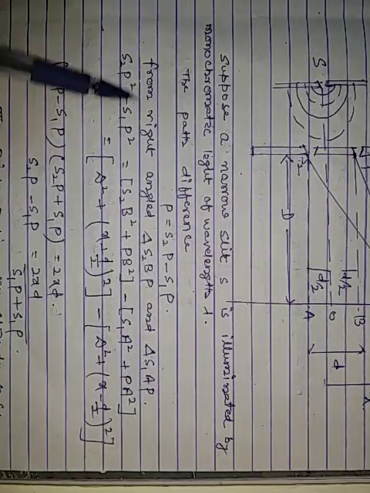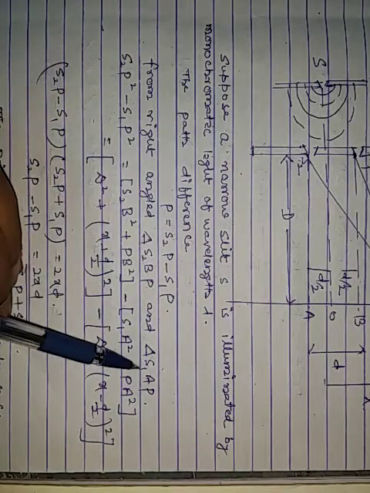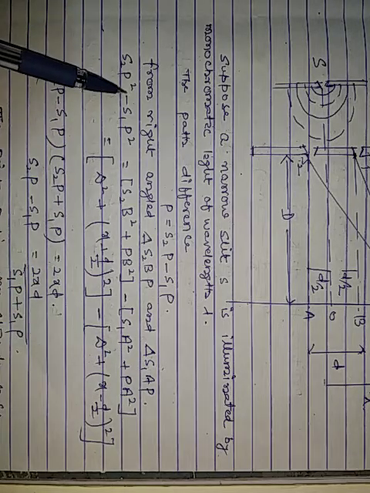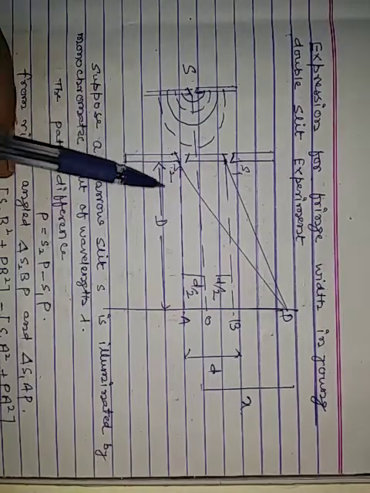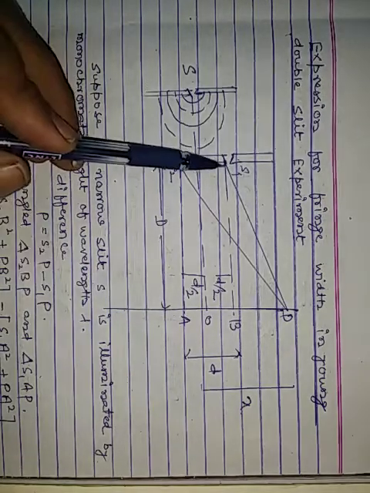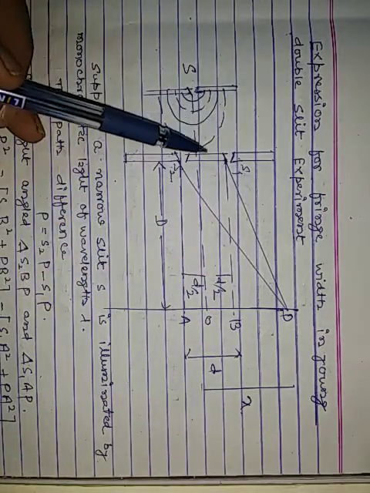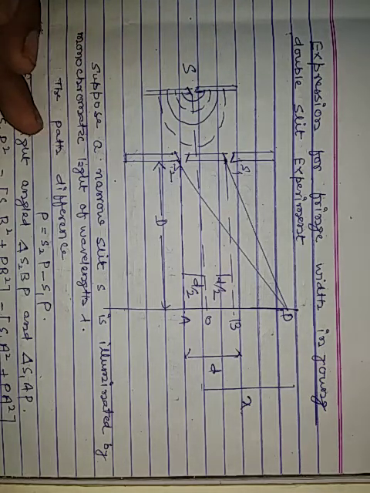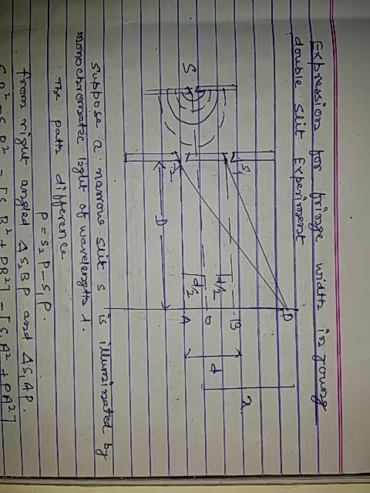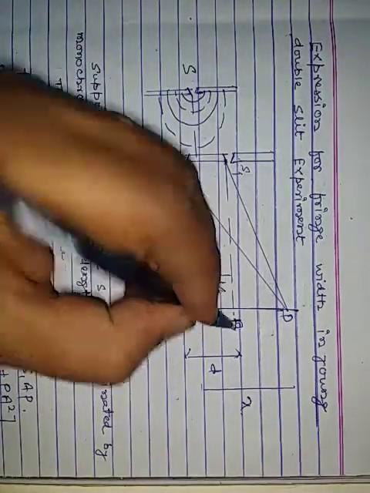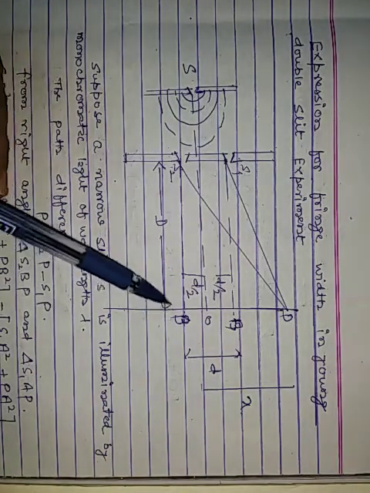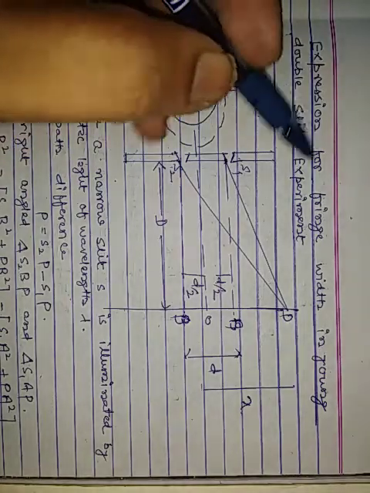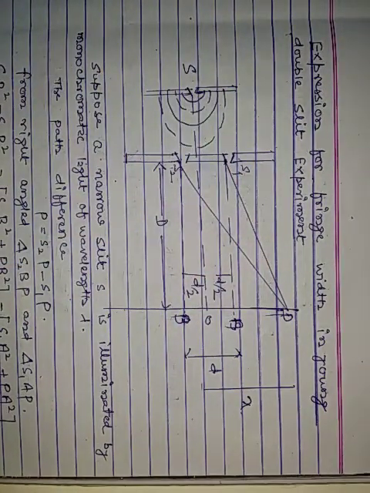For the right angled triangles S2BP and S1AP, S2P square minus S1P square is equal to S2B square plus PB square, minus S1A square plus PB square.